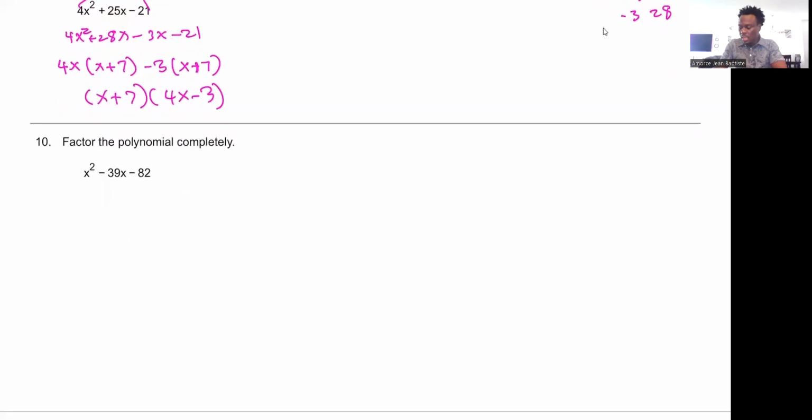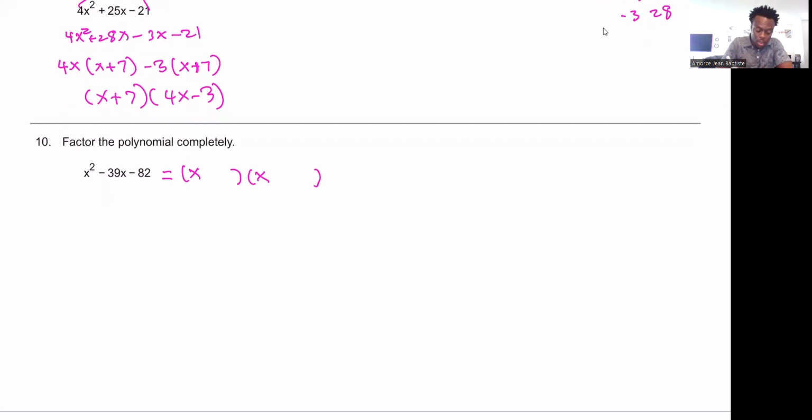We want to factor this. Since it's a monic trinomial, the coefficient of x squared is 1. Set up your parentheses and break your x squared into two factors, each parentheses having one of the x's that would multiply to give you the square. So that's how you predict your answer.